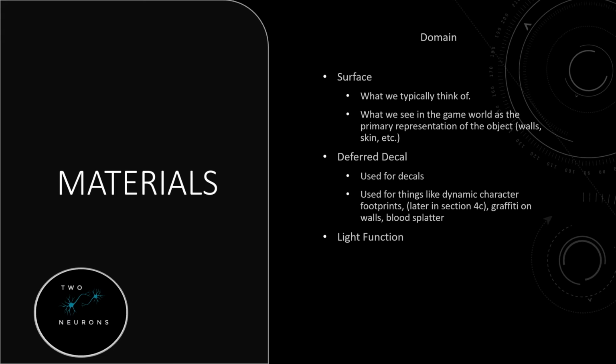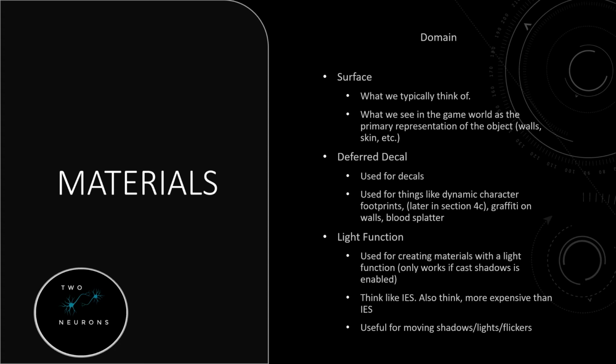Then we have light functions, and we briefly talked about light functions back in section 3 when we worked on our flashlight, when we talked about IES profiles. So it's used for creating materials with a light function, and it only works if cast shadows is enabled. Like I said, this is very similar to our IES textures. However, it is more expensive than our IES textures.